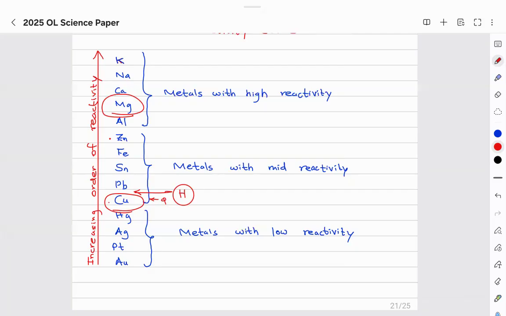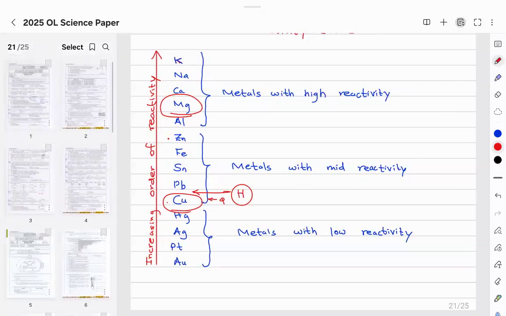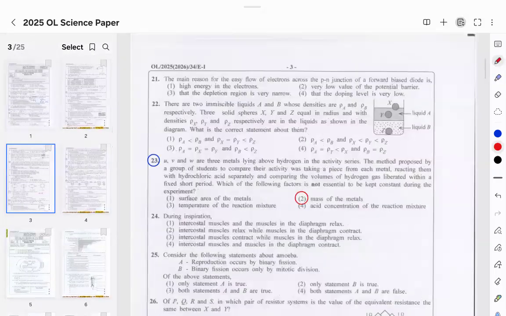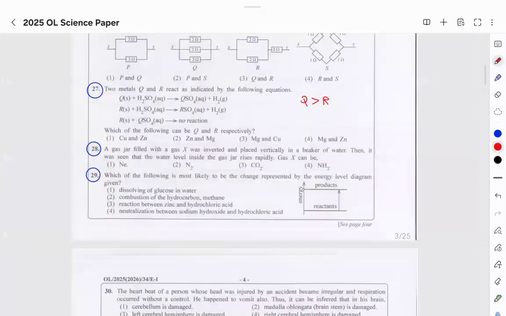All right. Here they have clearly mentioned that Q and R both are reacting with sulfuric acid. Elements below hydrogen are not reacting with dilute acids. So we can't take copper. Then definitely this couple should be magnesium and zinc. Answer is the fourth one.